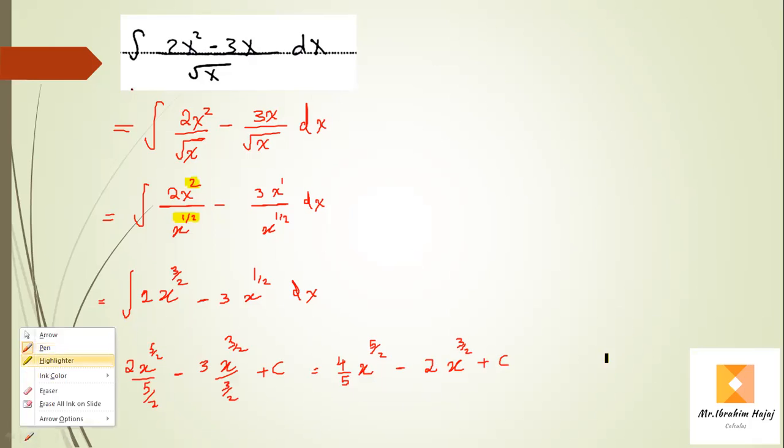Again, for the people who joined late, here's the final answer. In the beginning of the question, we have the integral of 2x squared minus 3x over root x dx. He separated 2x squared over radical x and minus 3x over radical x, then converted radical x to x to the power of half, and subtracted the exponents since we divide. 1 minus half is 1 half, then add 1 to the exponent and divide by the new exponent.